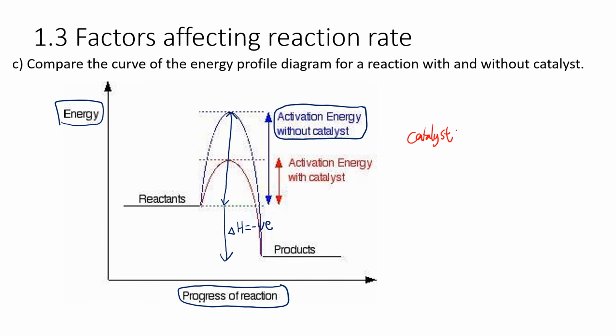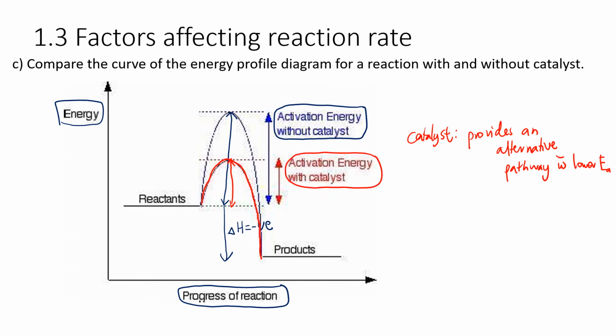So basically, catalyst provides an alternative pathway with lower activation energy. Therefore, you need to draw a pathway with lower activation energy and then label from the reactant to the top. So this is the activation energy with the presence of catalyst.